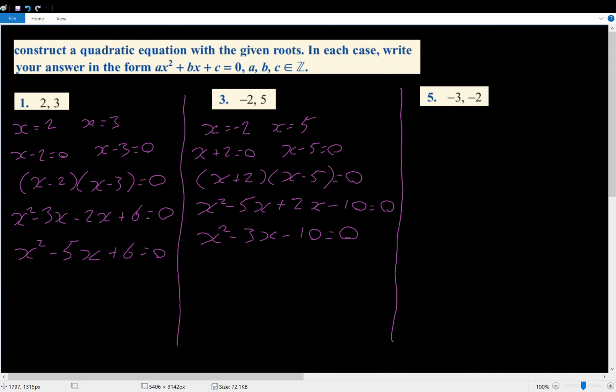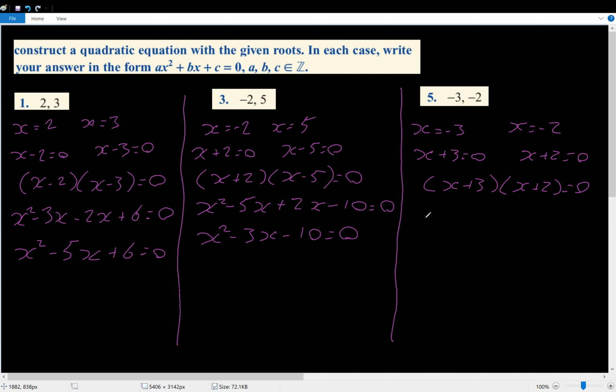Let's finish this off with question 5. Same process all over again. We've got x equals minus 3, x equals minus 2, which means x plus 3 equals 0, and x plus 2 equals 0. So we get x plus 3 times x plus 2 is equal to 0.